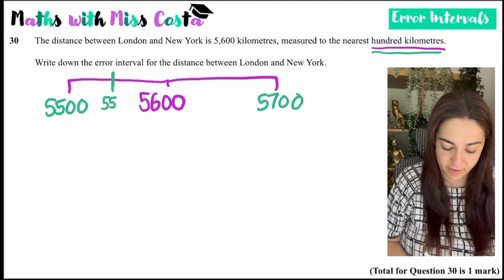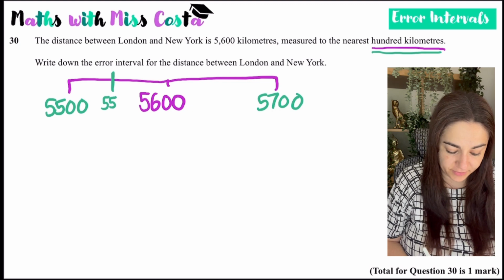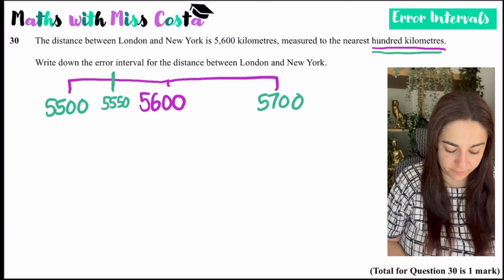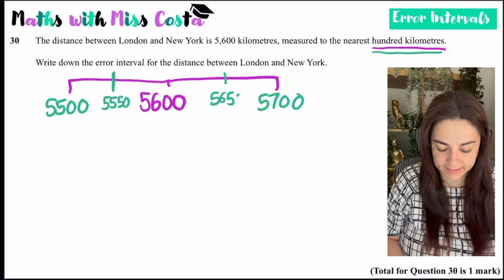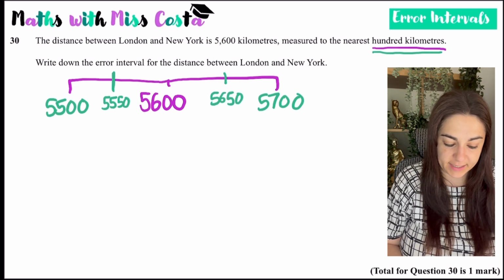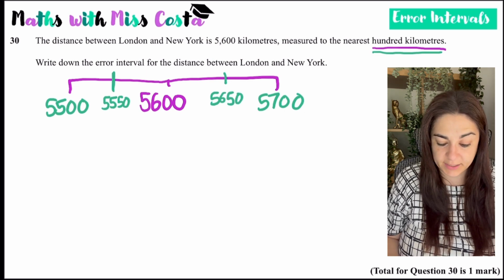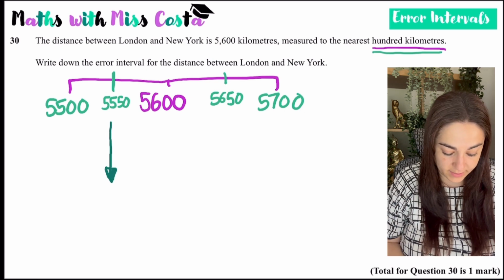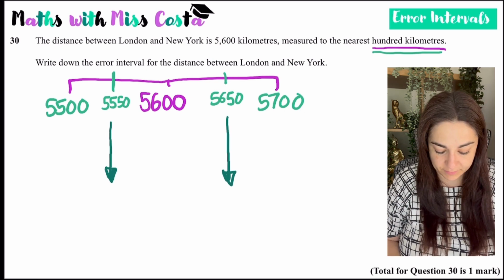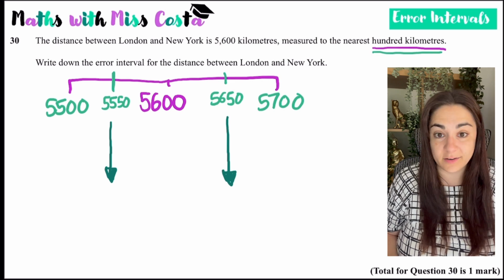So halfway between 5,500 and 5,600 is 5,550. And halfway here is 5,650. So essentially, if you do this and you just work out the distance that you're told, you can bring these values down here to create your interval.